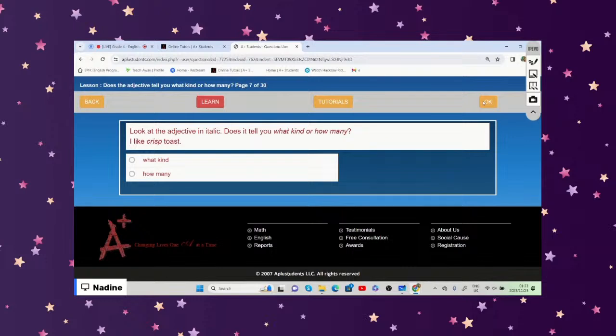So we can basically say it is what kind, because it's like asking yourself, what kind of toast? I like crisp toast. So what kind?